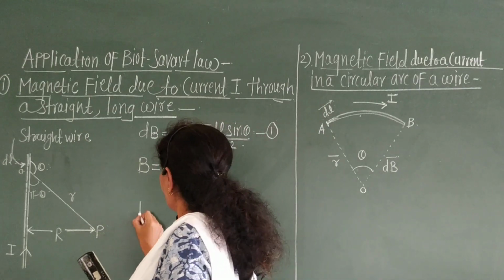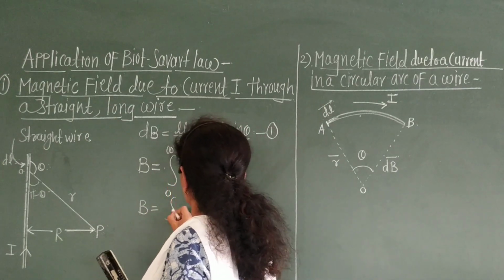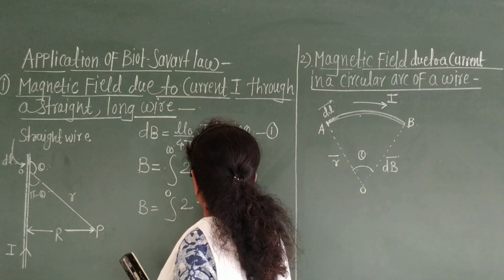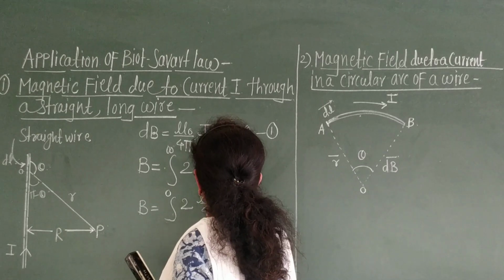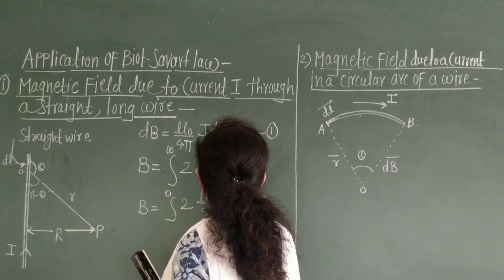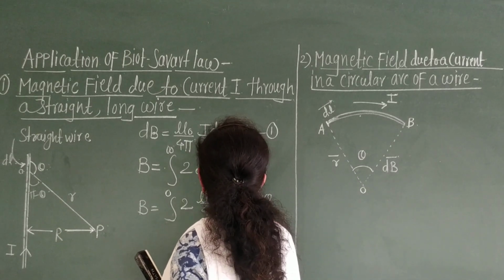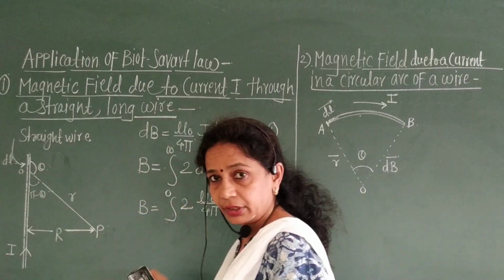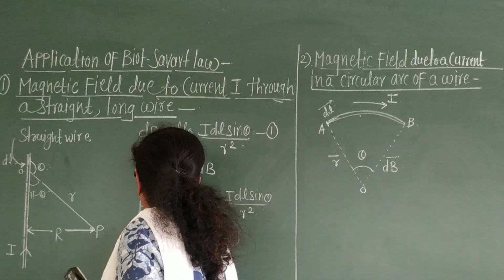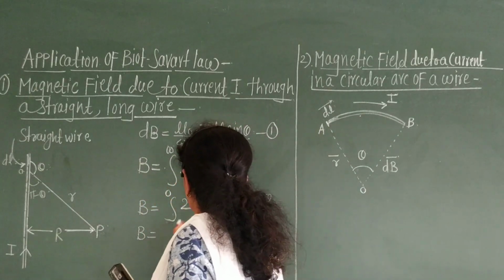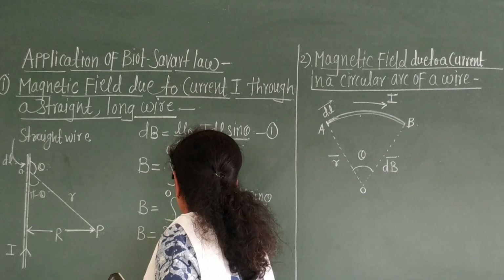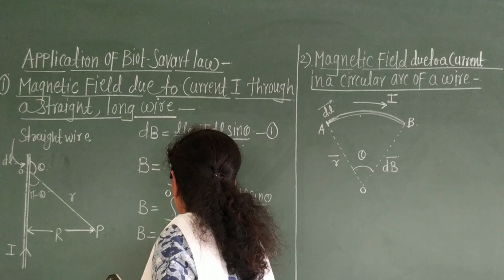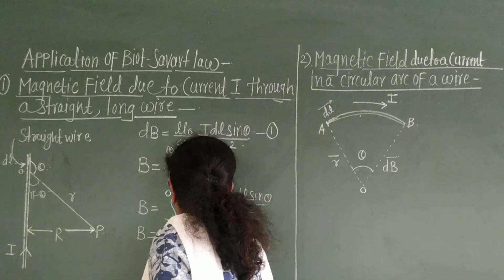Therefore, B is equal to the integration of twice mu 0 upon 4 pi I dl sin theta upon r square. Take the constant term outside. Therefore, B is equal to twice mu 0 upon 4 pi, which becomes mu 0 upon 2 pi I.